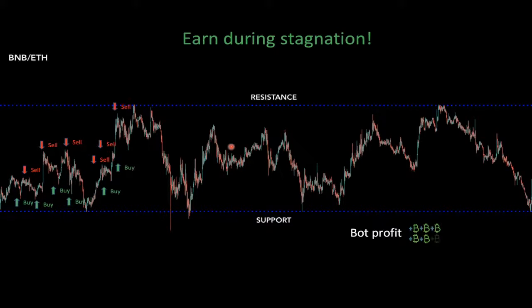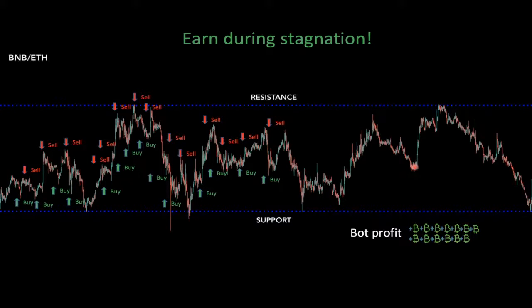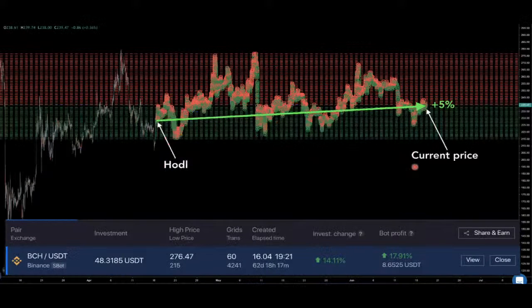So you can actually make profits while the rest of the traders, let's assume you just bought BNB somewhere in the middle. By that time over here, you would be in the zero profit zone. And over here, you would be in a negative zone. Whereas automation significantly outperforms the simple hodl strategy. And here is the perfect visualization of this effect.